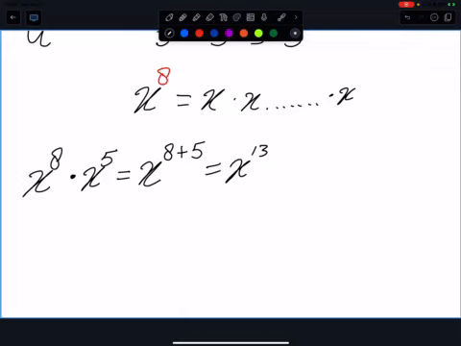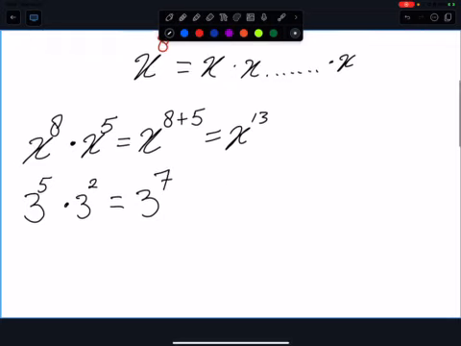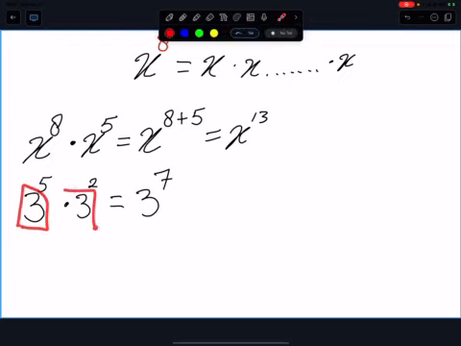Now, going with numbers, you can apply the same things. 3 to the power of 5 multiplied by 3 to the power of 2 is 3 to the power of 7. Now, you should be careful. If the base numbers are different, then you cannot do it.